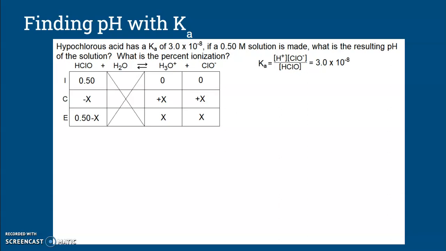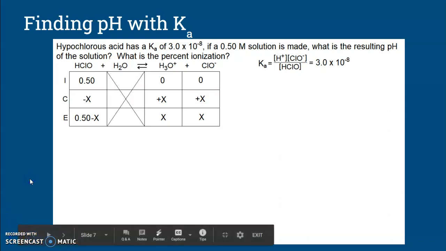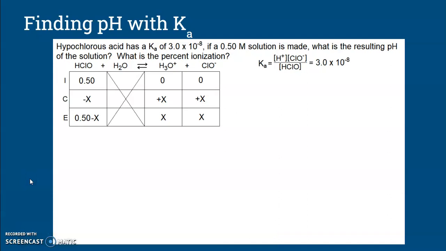And then for our H3O plus and our ClO minus, well, there was none to begin, and we made X, so at equilibrium we have X for both. So plugging these values into our Ka equation, if H plus is X and ClO minus is also X, we have X squared over our HClO, which is 0.5 minus X. And that all equals 3 times 10 to the negative 8.